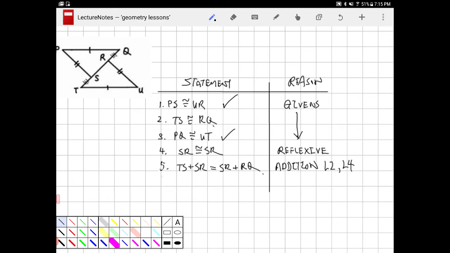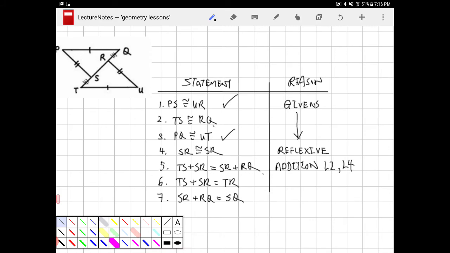All right, so what are we going to do next? The goal is to show that TR is congruent to SQ, right? So how are we going to do that? Well, I know that TS plus SR should equal TR, isn't that right? And I also recognize that SR plus RQ should equal SQ, isn't that right?